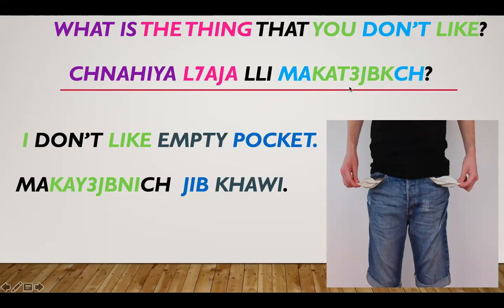So ما كتعجبكش. شنا هي الحاجة اللي ما كتعجبكش؟ A little faster. شنا هي الحاجة اللي ما كتعجبكش؟ The trick is you would stop somehow over here. شنا هي الحاجة, and then you would pronounce li a little bit, emphasize li, and then take a little break and say ما كتعجبكش, and then say it faster.